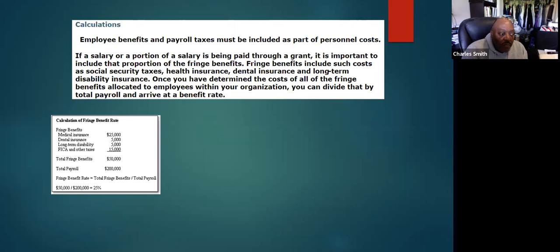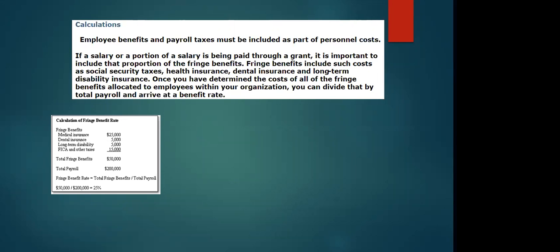You begin to look at the total budget, and you always want to calculate fringe benefits. If you don't, that means you can't provide medical care for your employees. You can't provide dental care or those other things needed. Long-term liability, for example, if one of your employees gets hurt.